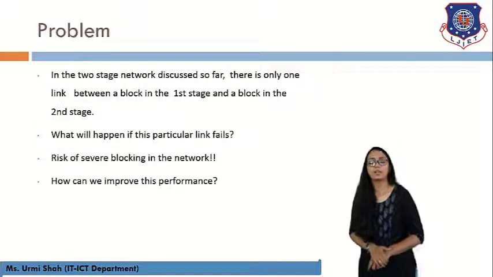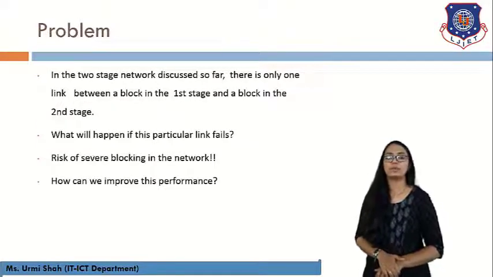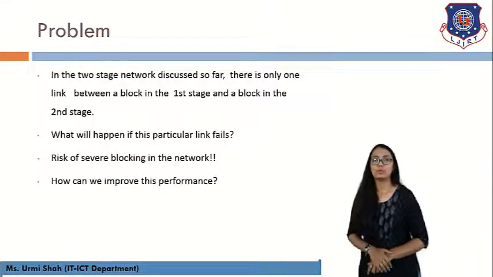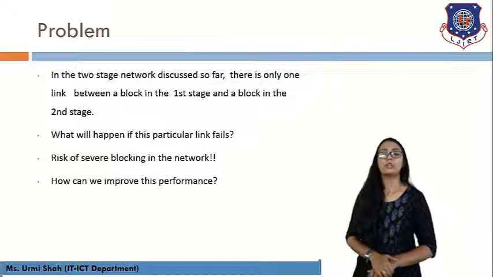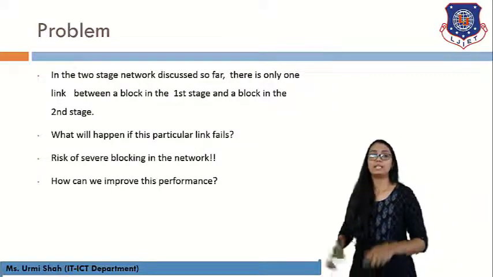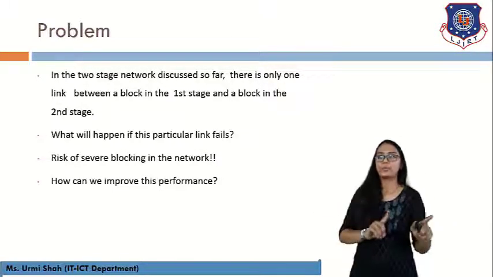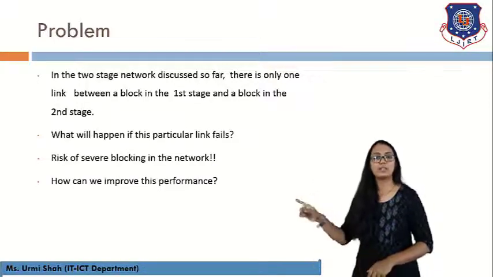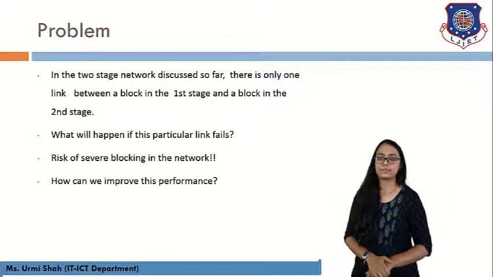Next, let's understand this via one problem. In the two-stage network discussed so far, there is only one link between a block in the first stage and a block in the second stage. What will happen if this particular link fails?